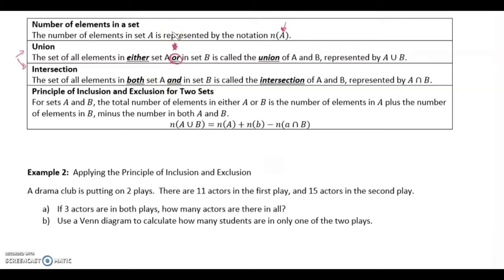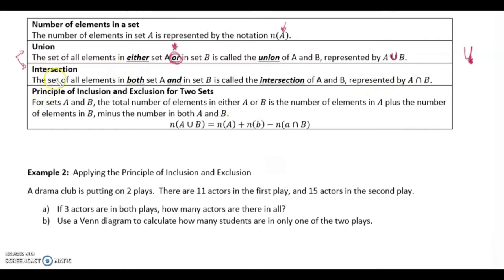It could just be in one, and that's okay. So it's like everything. So this is just one of the free-for-alls. Okay, it's also represented by like a U, but it doesn't have that part there. It's a U symbol, so A or B.